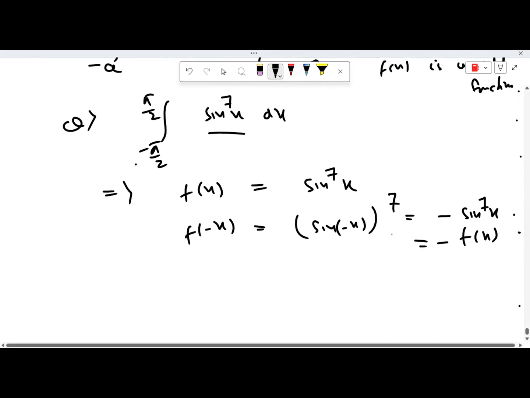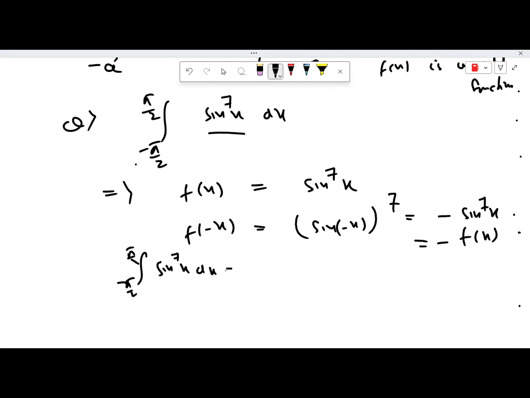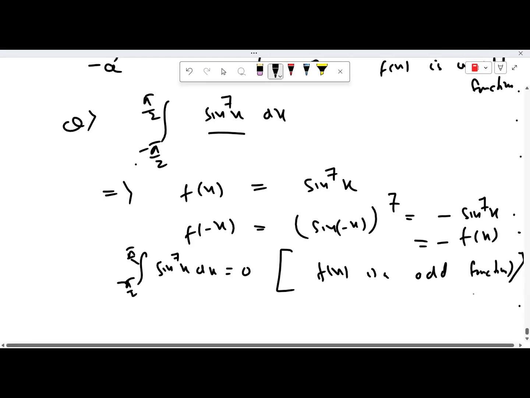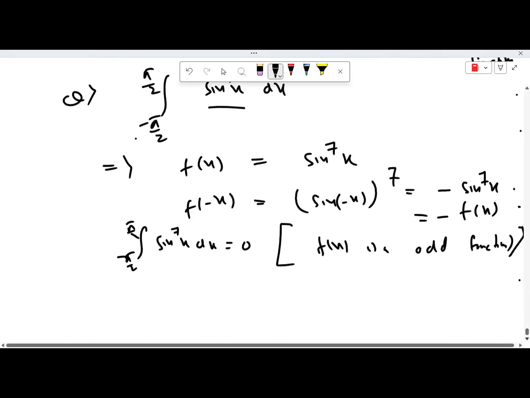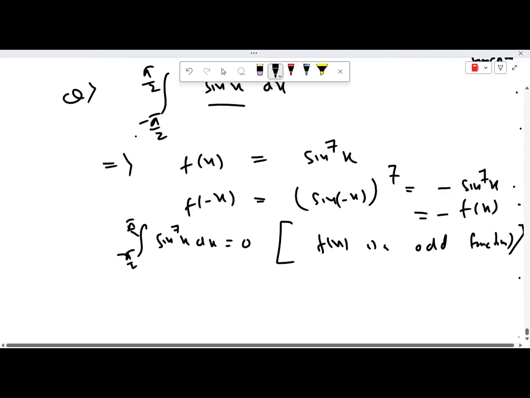So when it is an odd function, the answer is 0. So integration minus pi by 2 to pi by 2 sine 7x dx will be equal to 0, because f of x is an odd function. Clear, Fadil?